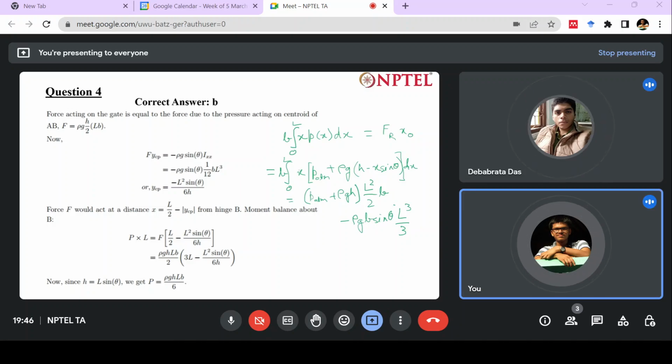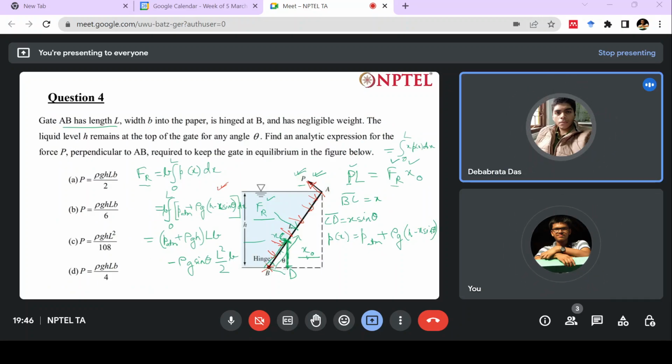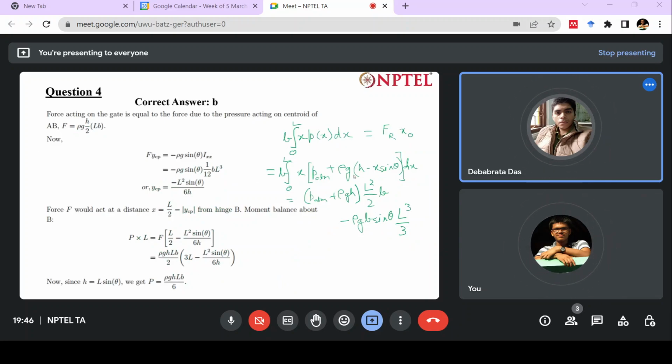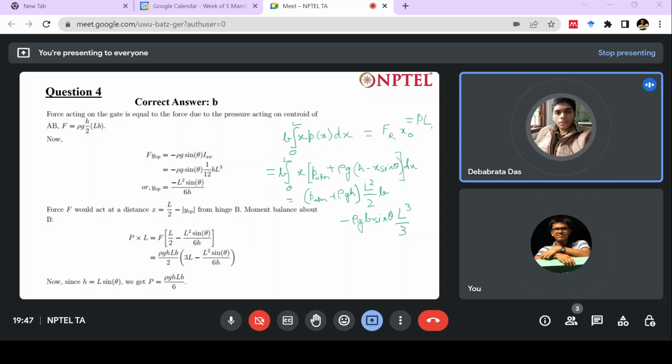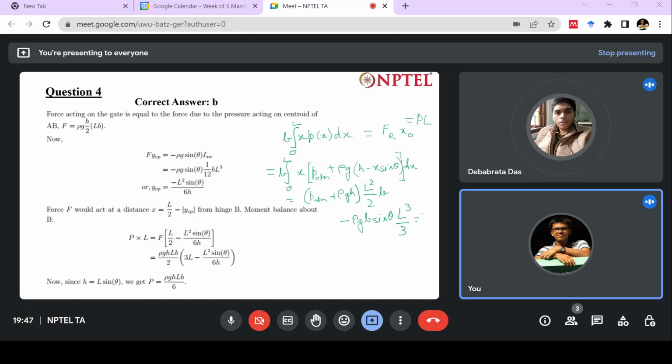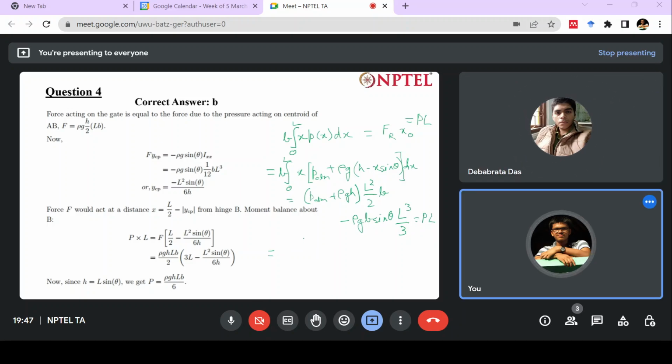So from here we can find out X0, or we can do one thing. Since FR into X0 is equal to PL, here we can simply put my right hand side as P into L. Then I can bring L to the other side.